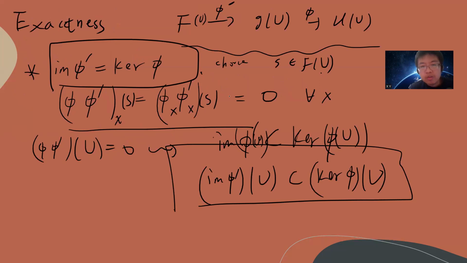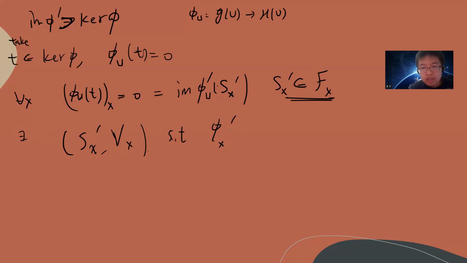Now we have phi prime. So phi prime on stalks, the one induced by the global one, acting on our S_x prime will give you the T. That's called T, and T restricted to each x is called T_x.